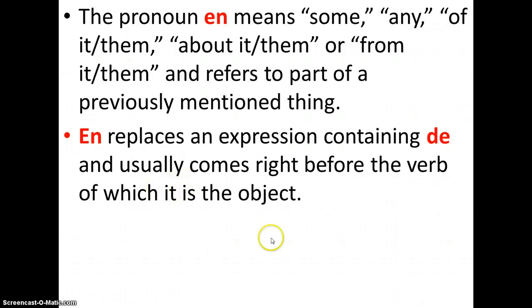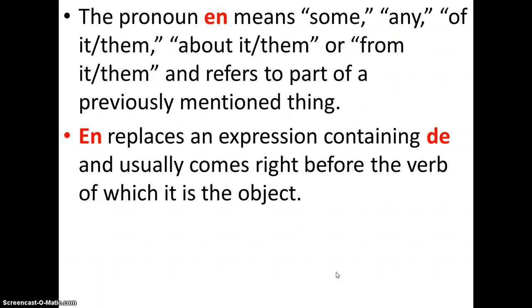So if you remember, in the past we talked about the direct object pronoun. For example, when you say I'm reading the book, so I'm reading it. The it there is a pronoun. It replaces the book in the answer.